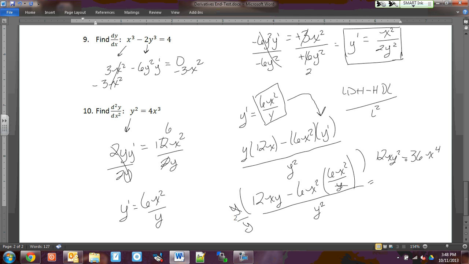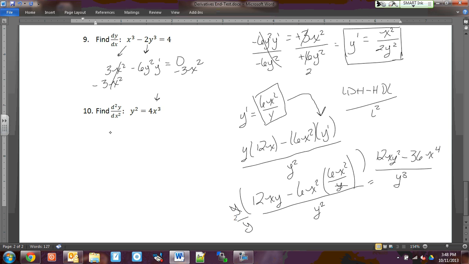Over y cubed. Now, if you look back here, y squared equals 4x cubed. So I'm going to erase some of this. I hope y'all got that written down because I don't have any further to go.